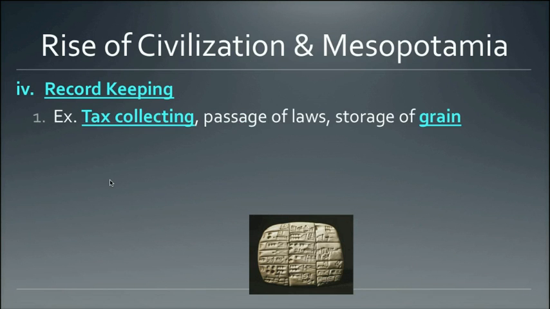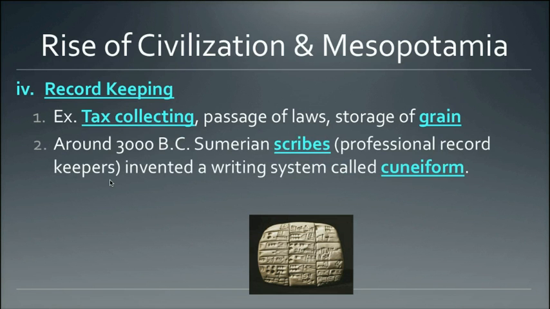So purposes that you would use this for would be tax collecting, of course, making sure tax collecting is fair and equitable, which it hasn't always been in history, of course. Passage of laws, storage of grain, things like that. Around 3000 BC, so roughly 5,000 years ago, Sumerian scribes, these are people in Sumer, and I'm going to show you where Sumer is in a minute or so.